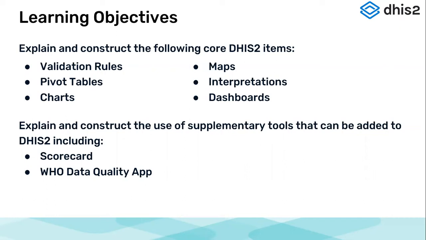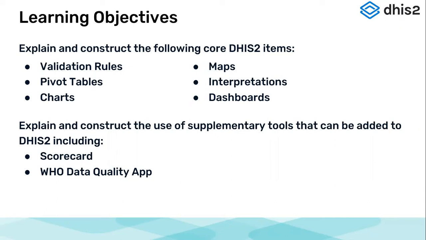In addition, there are two other supplementary tools that we'll be briefly discussing, which are scorecard and the WHO data quality app. But mind you, we won't go into too much depth because we have other DHIS2 academies, especially Level 2 academies. The Level 2 data quality academy goes into in-depth training on how to use and configure the data quality app.